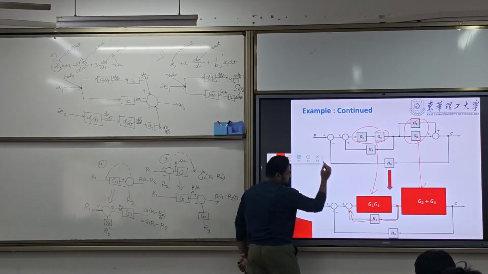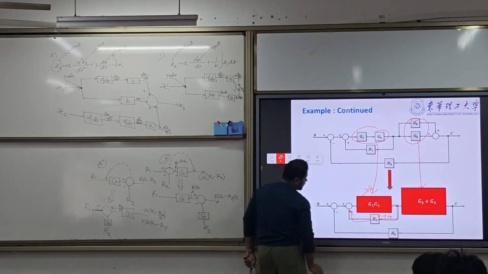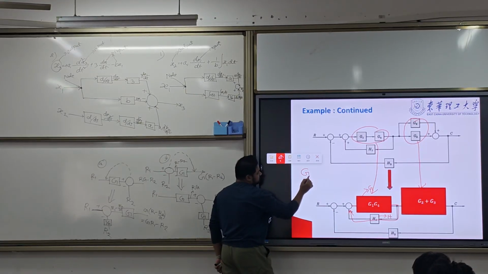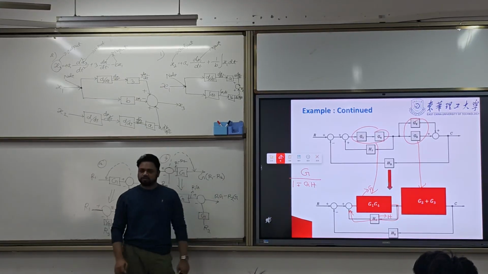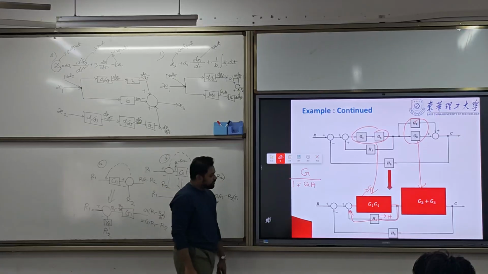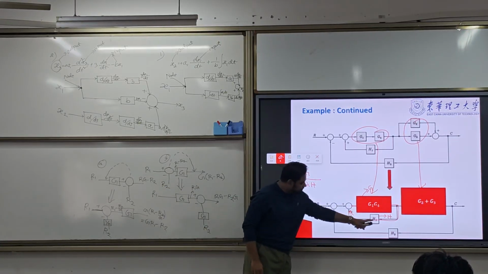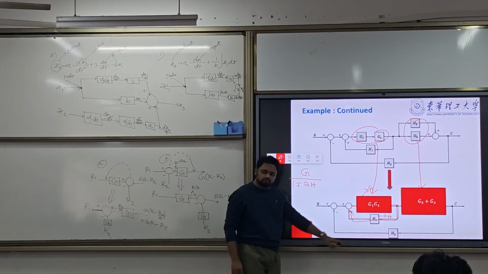So here we are considering this is G, this is H. Our feedback equation is G by 1 plus or minus GH. Here the G value is G1 G4, and H is H1.